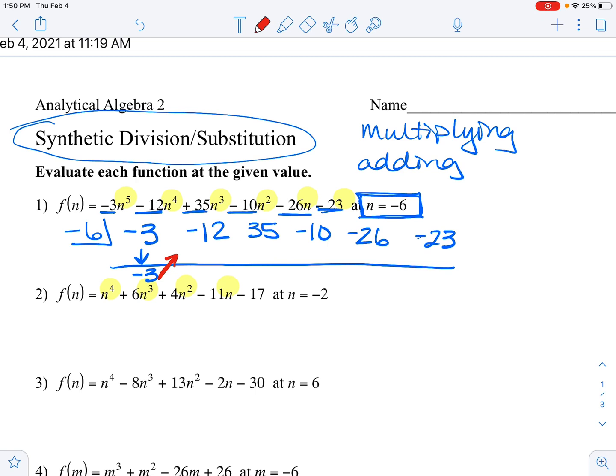We're multiplying -3 times -6. So when we do the multiplying, we are going to do it times -6 each time. So -6 times -3 is a positive 18. And as I said before, you're going to add straight down. So we have -12 plus 18 is 6.